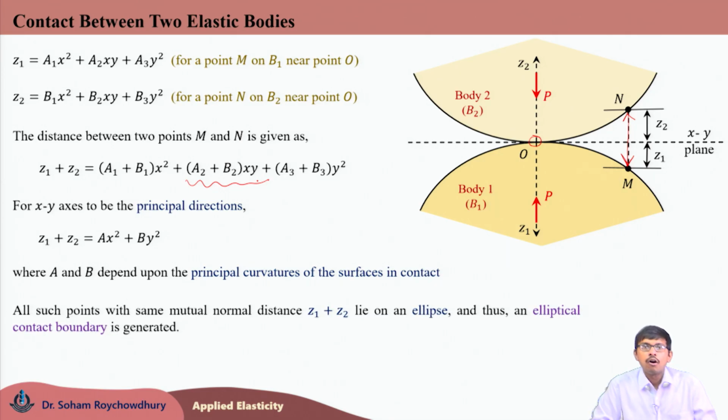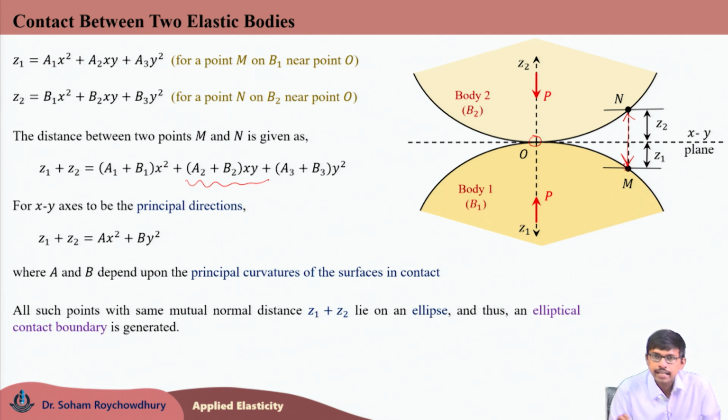So, hence all such points M and N with mutual normal distance z1 plus z2 will form an ellipse, and thus once P is applied, the bodies are pressed against each other and an elliptical contact boundary would be generated.